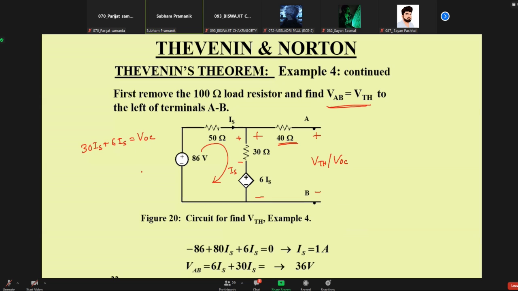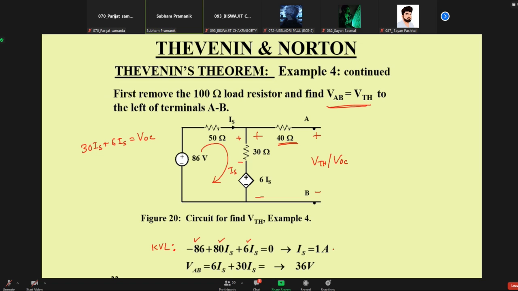Okay. So I just wrote the KVL for this mesh. You see that 50 into IS, 30 into IS, so that makes it 80 IS. In the direction of current, if you get a plus sign, then plus, so plus 6 IS. In the direction of current, if you get a minus sign, then minus, so minus 86, that's equal to 0.